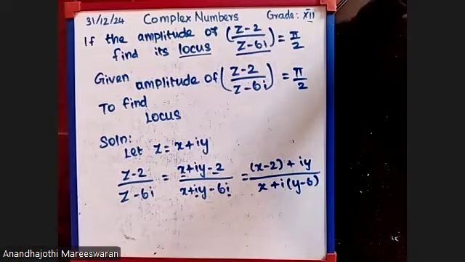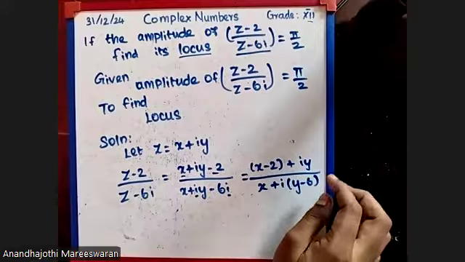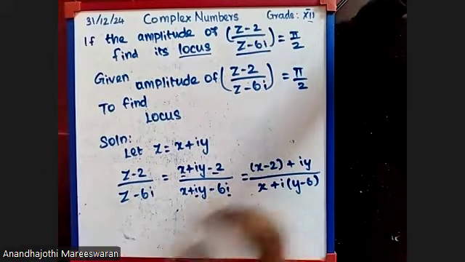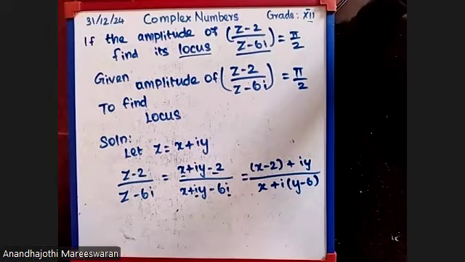At this point, we do the same thing as in the previous sum. What did we do? We multiplied and divided the entire thing by the complement of this complex number.